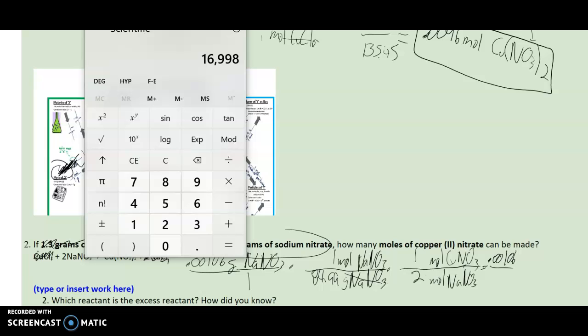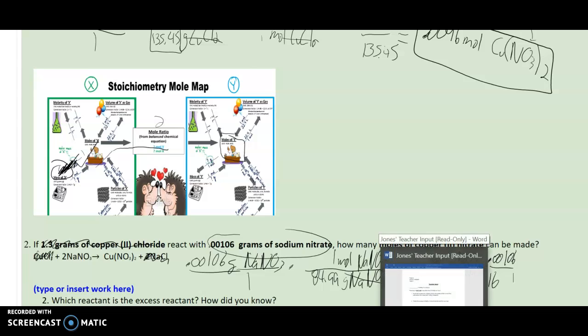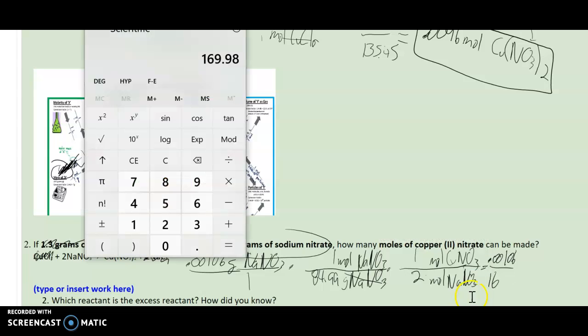Wow, this number is going to be... That's wrong. I just know that's wrong. I forgot to hit a decimal. 84.99 times 2. That's better. Calculator: 169.98.